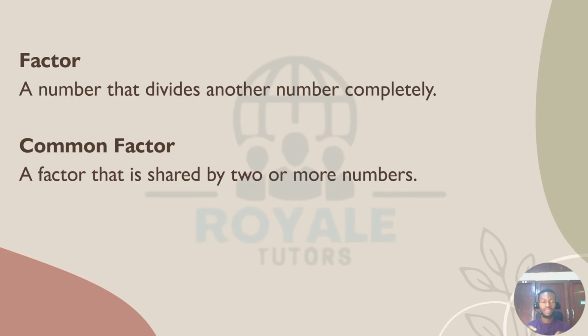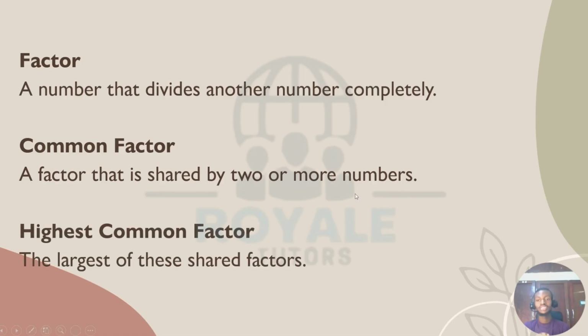That is a number that is common to this number and also common to the other number. They are what we call common factors. Then highest common factor is the largest of all the common factors. That is the biggest of all the common factors. That is the highest common factor.